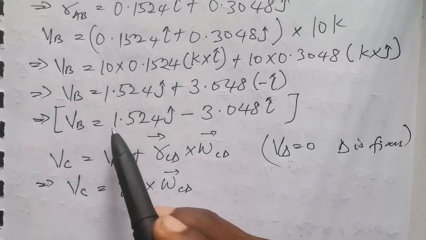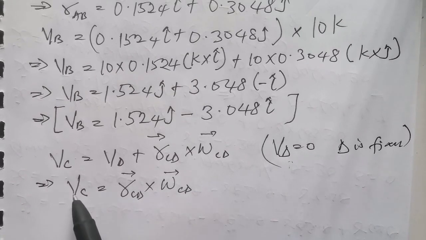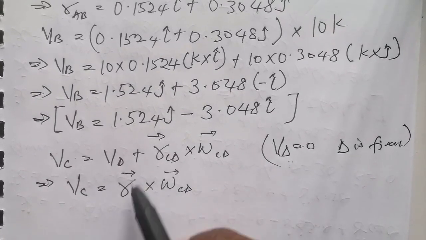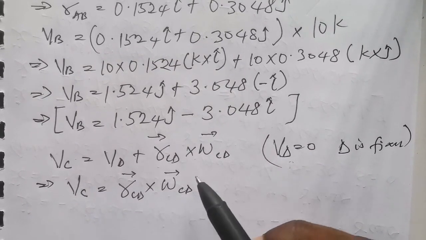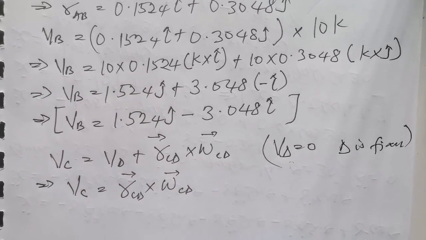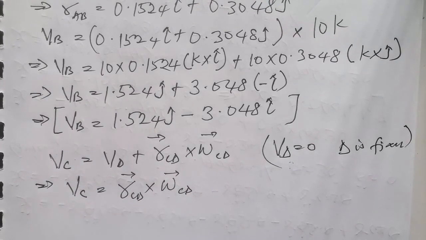So velocity at point C becomes RCD multiplied by omega CD, where omega CD is the angular speed along C to D, and of course RCD is the position vector between point C to D.